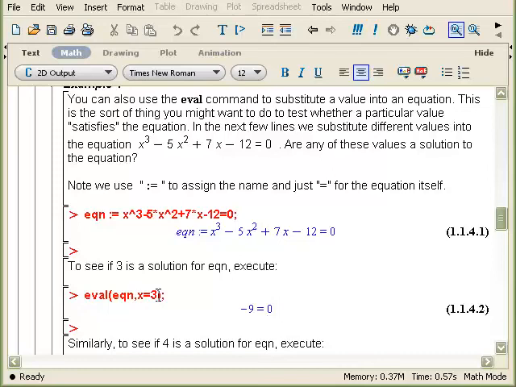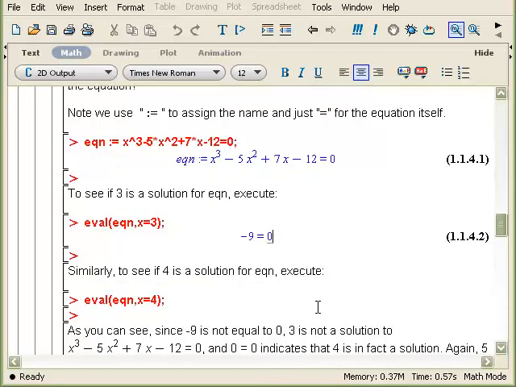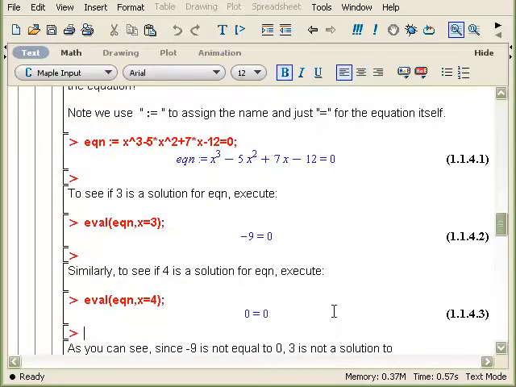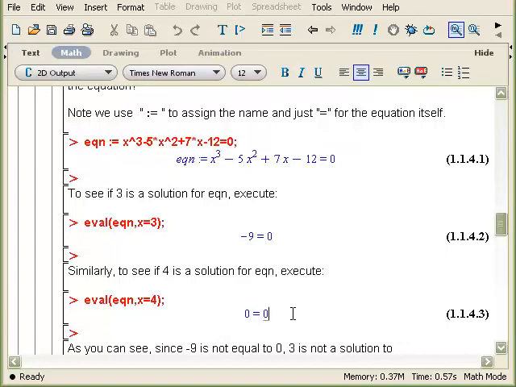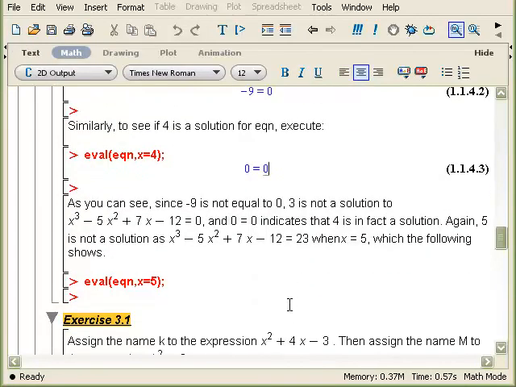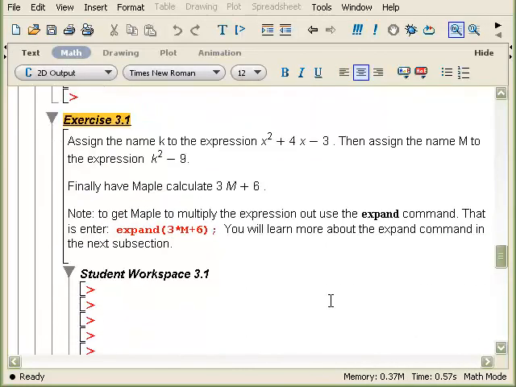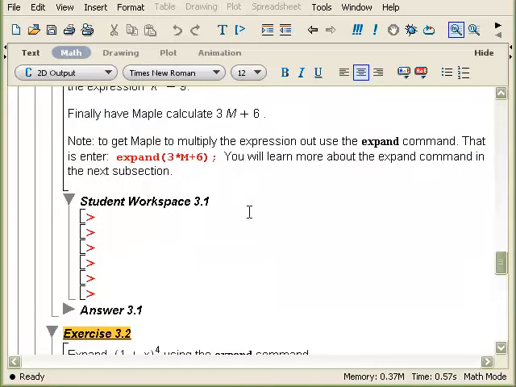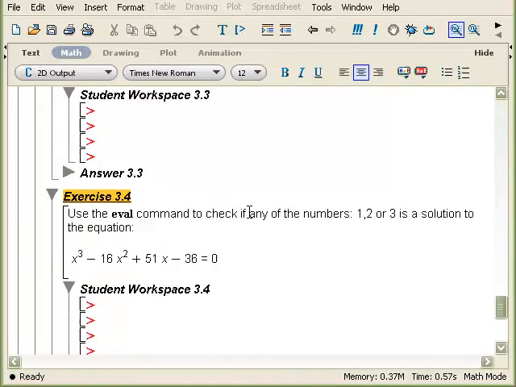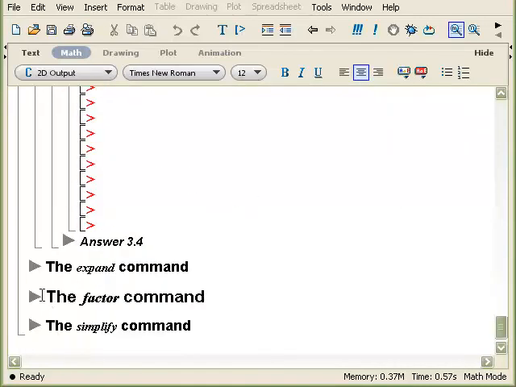The 3 is not a solution for this equation, right? Simply we know that. But when x is 4, it gives 0 equals 0, so we know that is a solution. 5 is not. Okay. So in this exercise, please try to answer these questions. There are 4 of them.